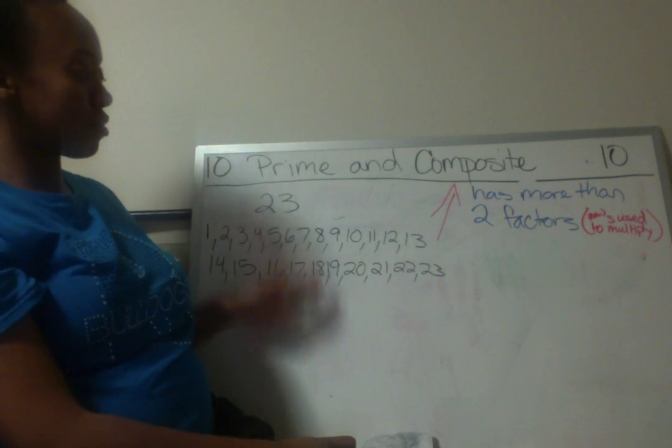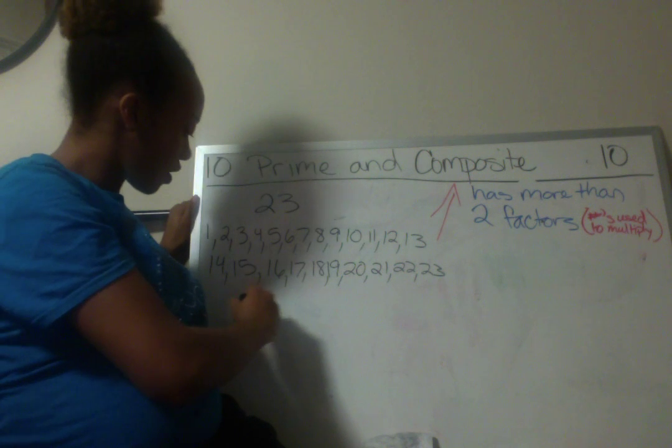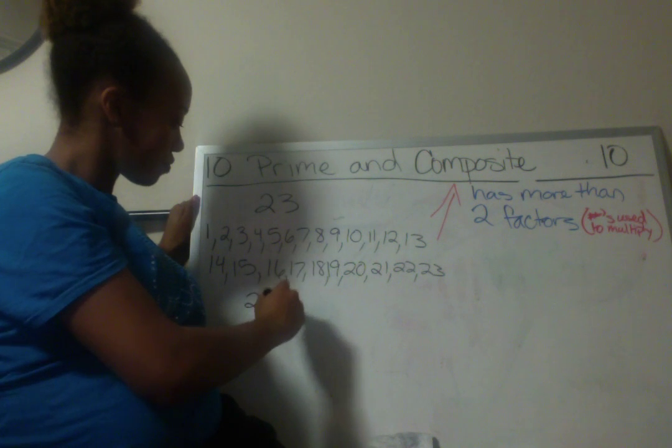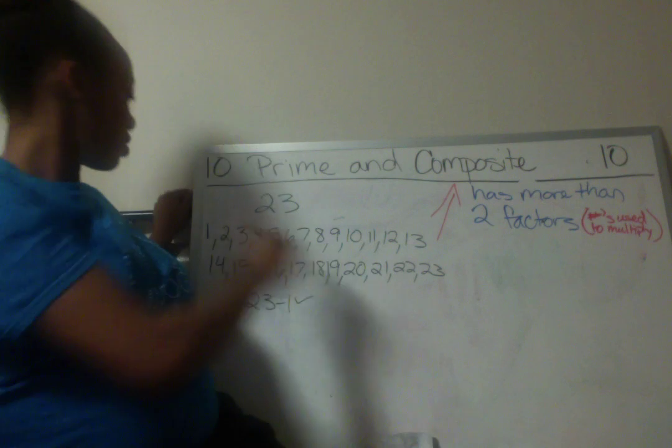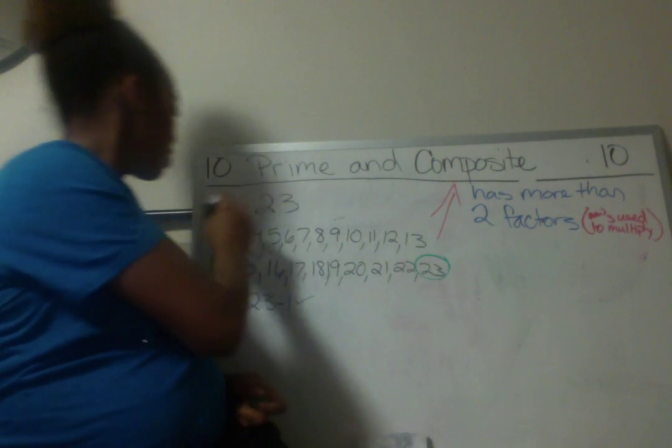Now this is the game of division. We know we can do 23 divided by 1. So 23 is circled, 1 is circled.